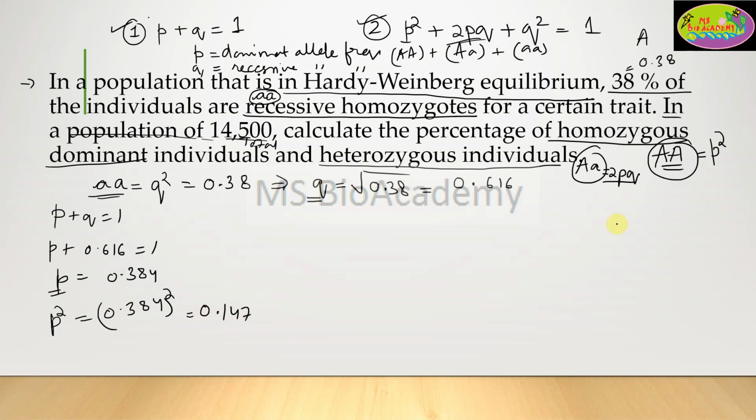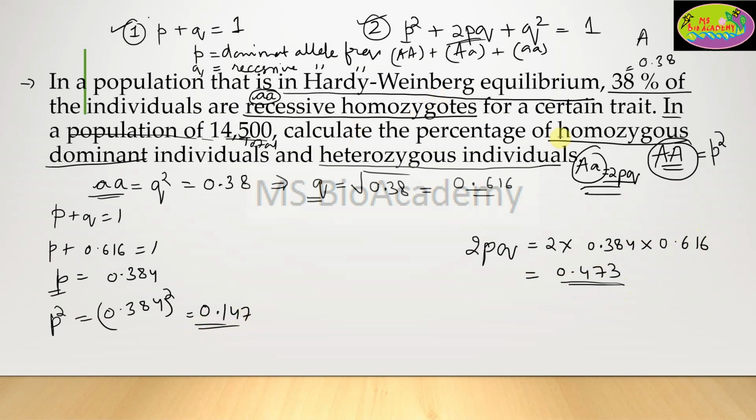Now, similarly, you can go for the heterozygous also. 2PQ is the heterozygous form, so that will be 2 multiplied by the P value 0.384 multiplied by the Q value 0.616. This will come to some 0.473. Now this is your frequency of heterozygous individuals and frequency of homozygous dominant individuals.